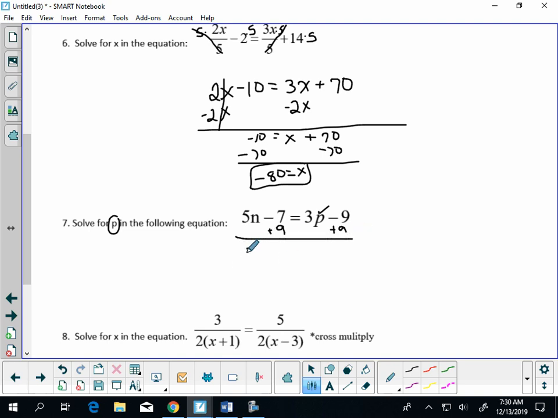And I get 5n plus 2 equals 3p. That 3 is bothering the p, so I'm just going to divide by 3. And I get 5n plus 2 over 3 equals p.